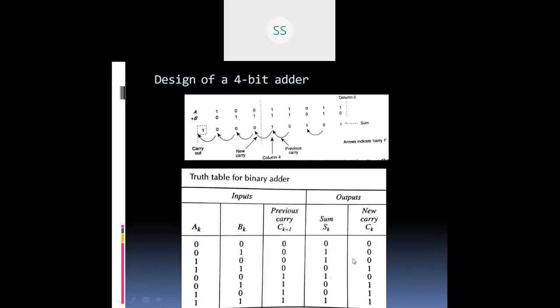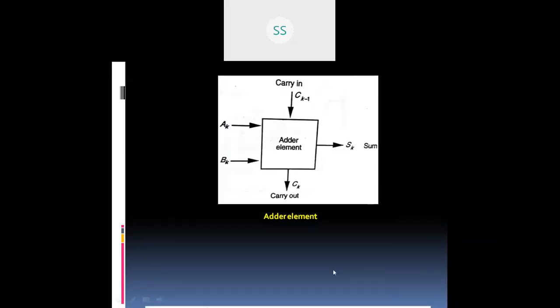So either AK bar and BK, or AK and BK bar. You can see this from the table, wherever one is there.